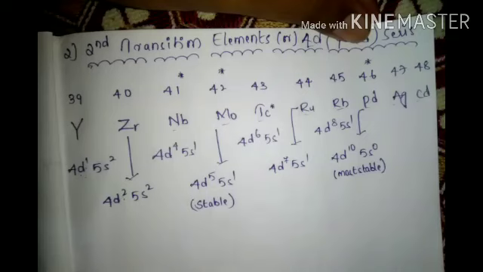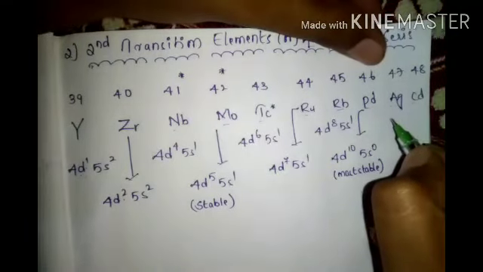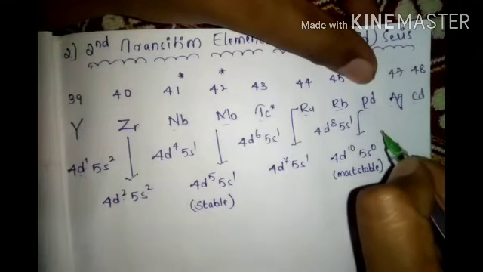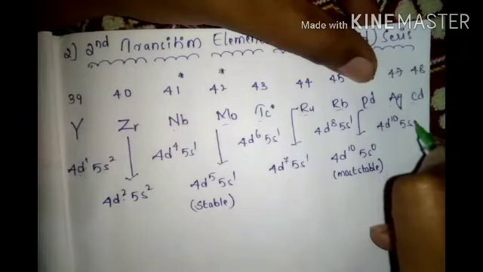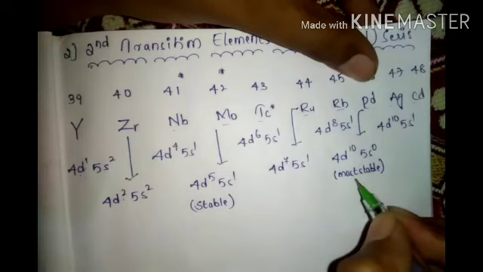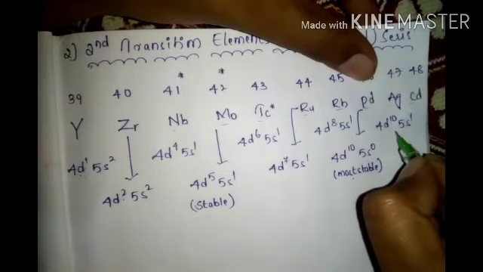Fully filled is most stable. Like that silver, 4d10 5s1, which compared to this is most stable.